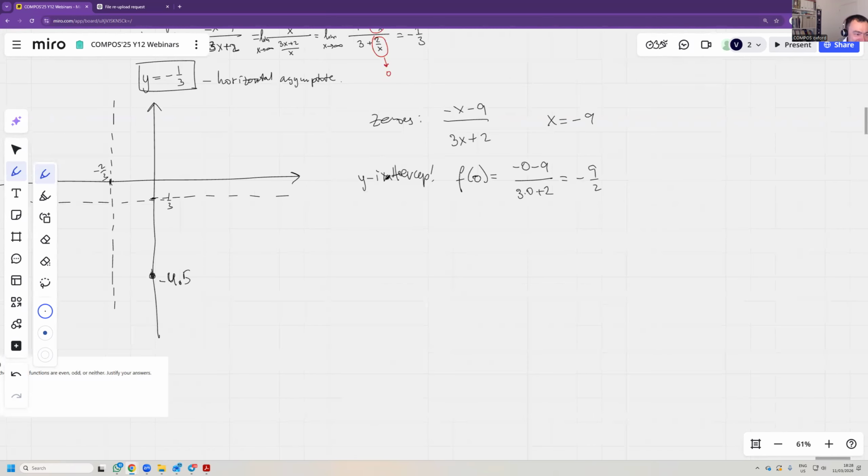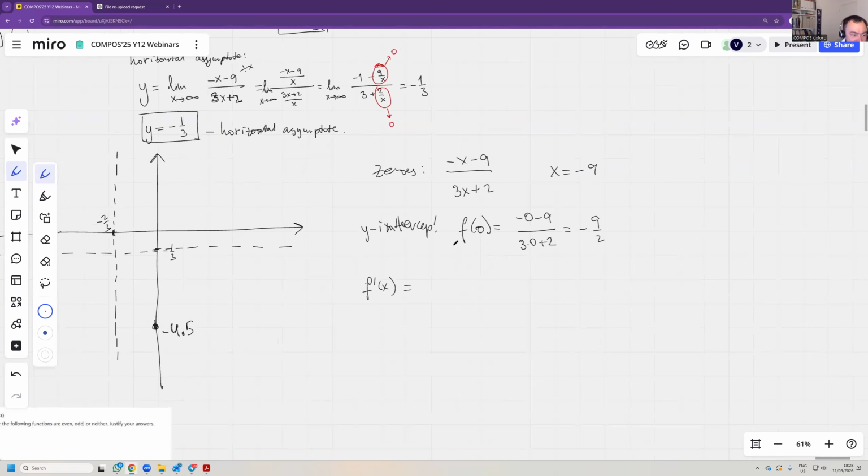So let's find the derivative. f dash of x is the derivative of minus x minus 9 over 3x plus 2, and that is minus 1 multiplied by 3x plus 2, minus minus x minus 9 multiplied by 3, all over 3x plus 2 squared.